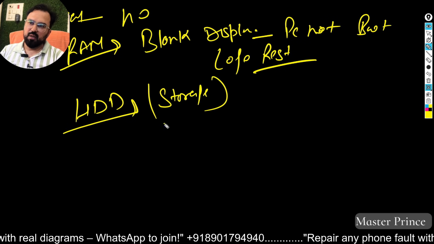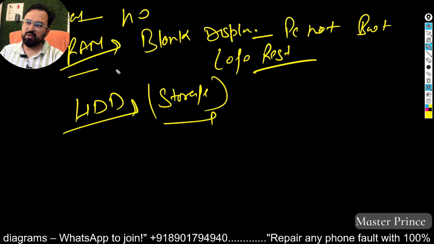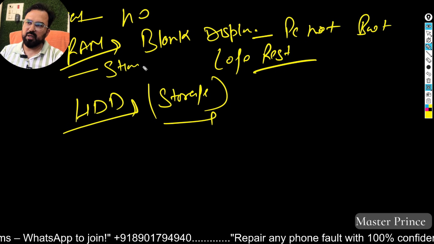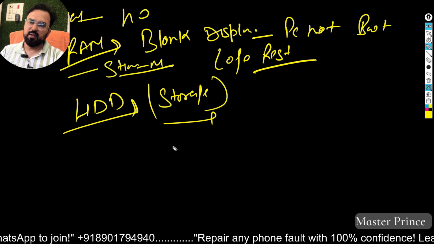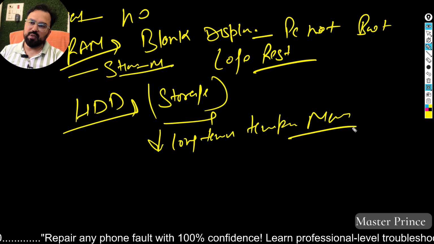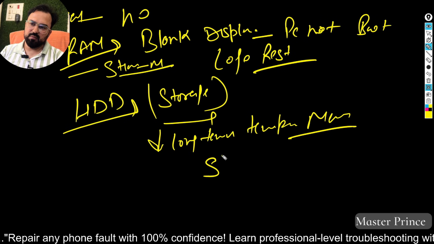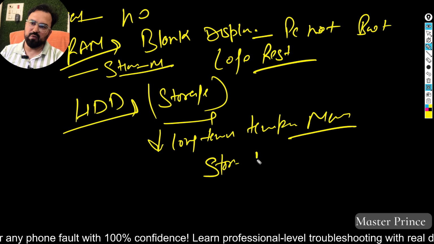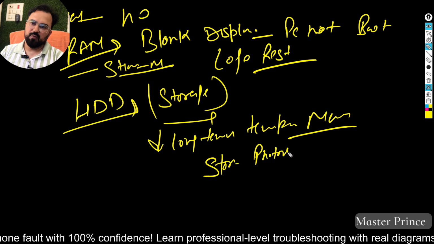Now this RAM is short-term temporary memory. The hard disk is long-term, so you can store your data like photos and videos.